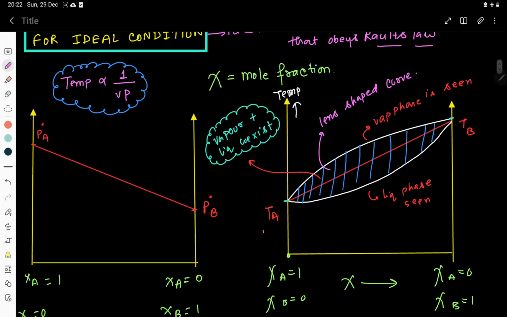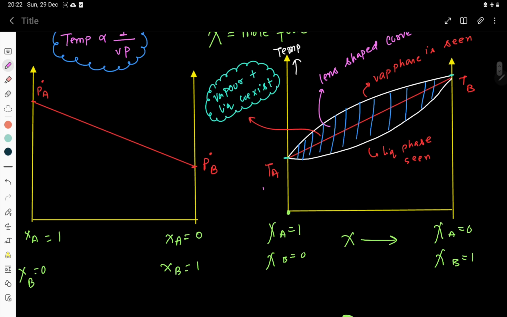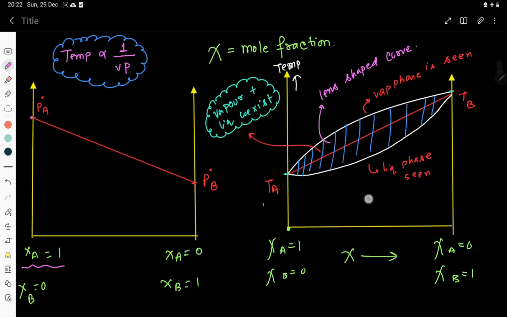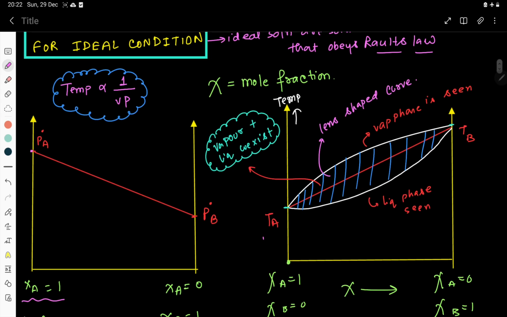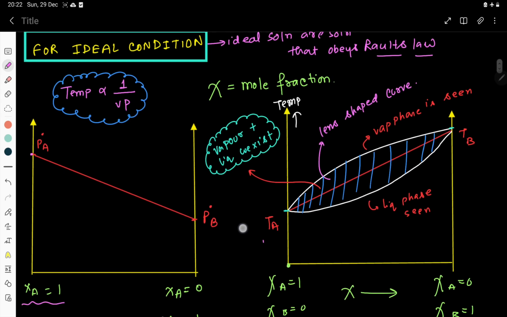If we consider only pure component A, which has x equal to 1, I can plot its vapor pressure as P naught A over here, and for B P naught B. Temperature and vapor pressure are inversely related, or you can also say that boiling point and vapor pressure are inversely related.